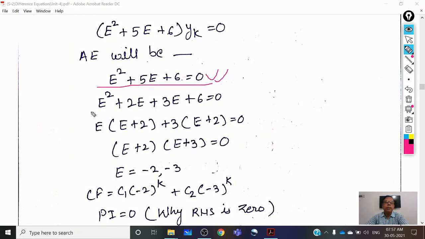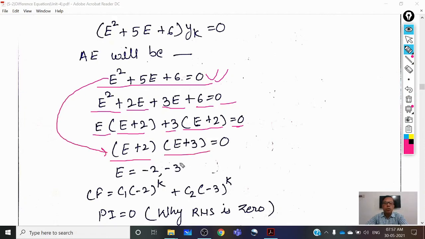On factorizing, we have E square plus 2E plus 3E plus 6 equal to 0, or E into (E plus 2) plus 3 (E plus 2) equal to 0. The final factors are E plus 2 and E plus 3. So the roots are minus 2 and minus 3.